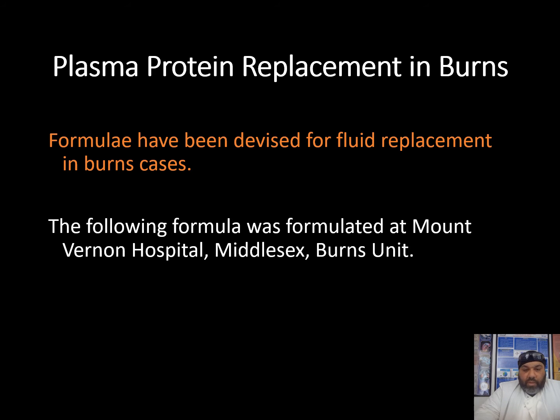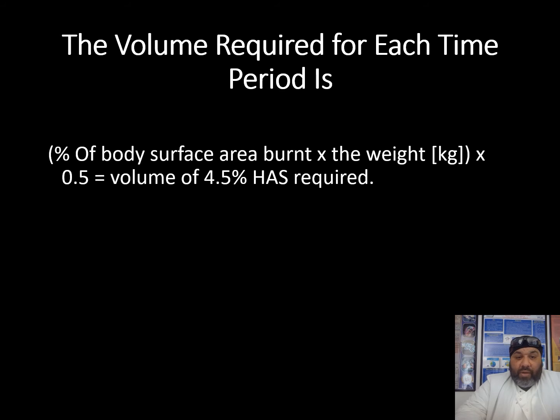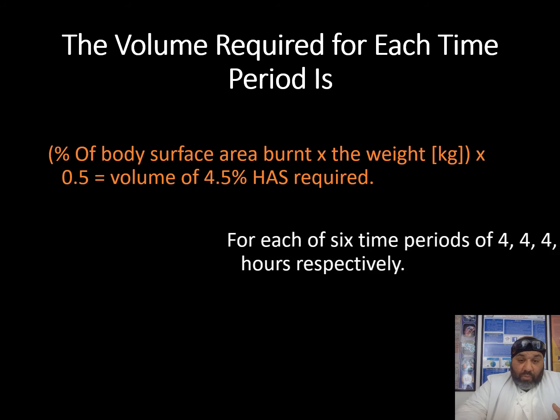For example, the following formula was derived at the Mount Vernon Hospital in Middlesex in the UK, in the burns unit, where fluid replacement with 4.5% human albumin solution in the first 36 hours after the burn is given as follows: the percentage of body surface area that is burnt, multiplied by the weight in kilograms, multiplied by 0.5, gives the volume of 4.5% human albumin solution required.